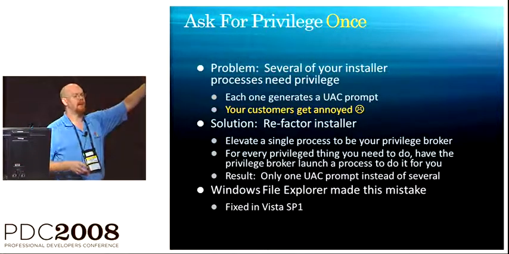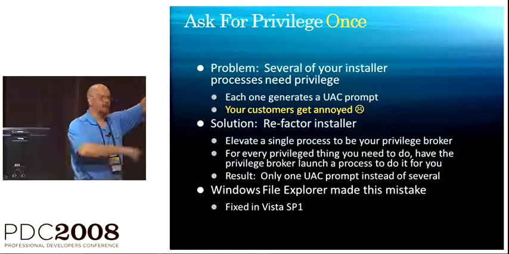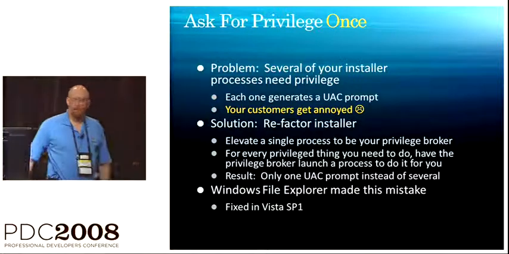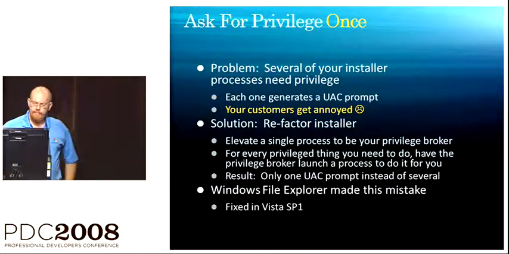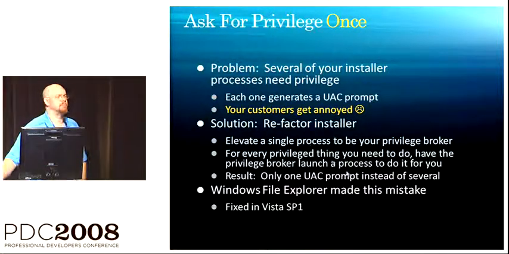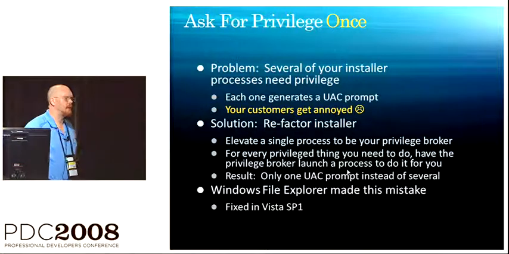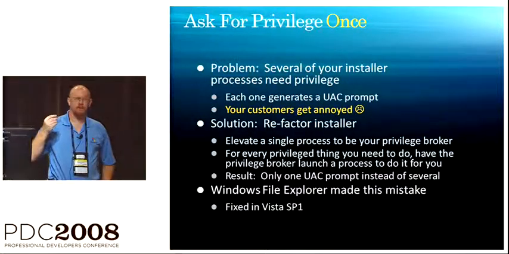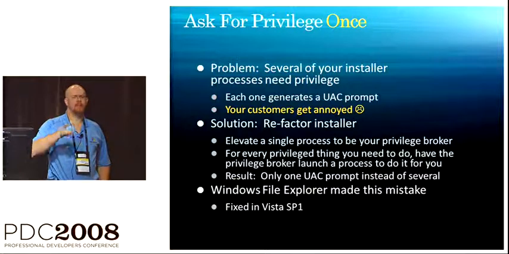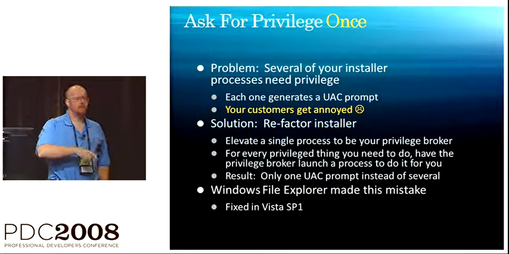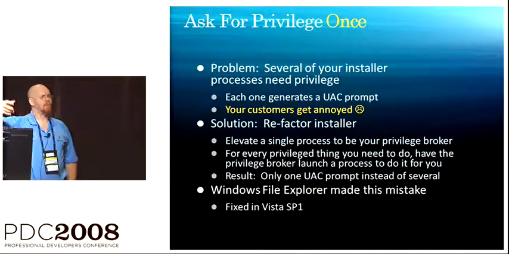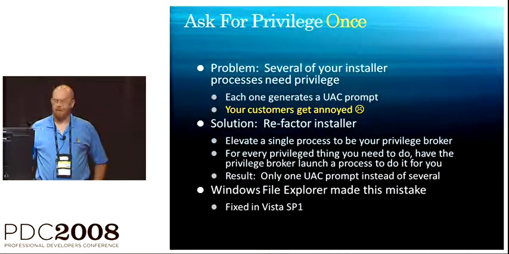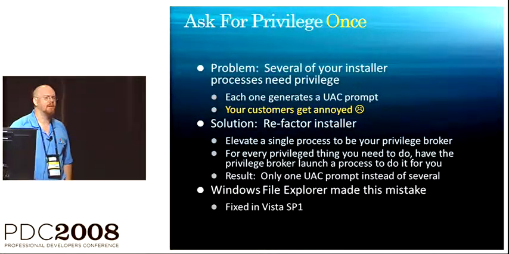Just because it's done for now, don't kill it, leave it there. You may need it again later. Windows File Explorer made this mistake. If you tried to create, I think it was either a folder or a file underneath a folder that was privileged, then it would ask you multiple times with prompts. And that was fixed in Vista SP1.